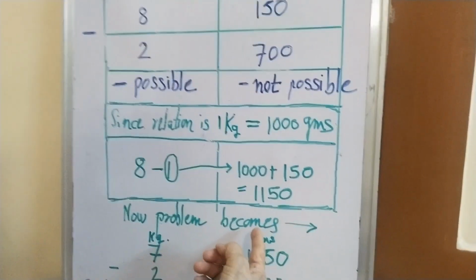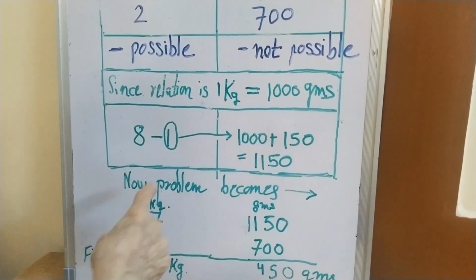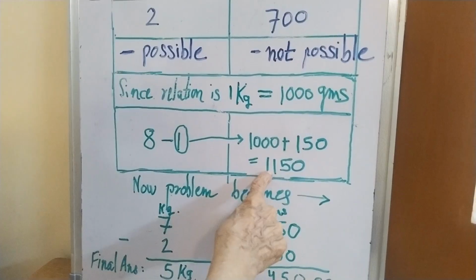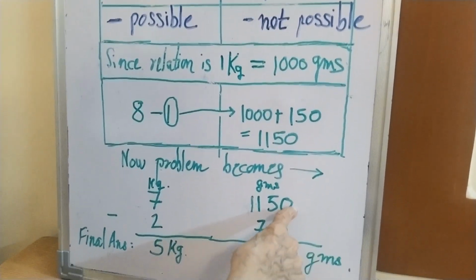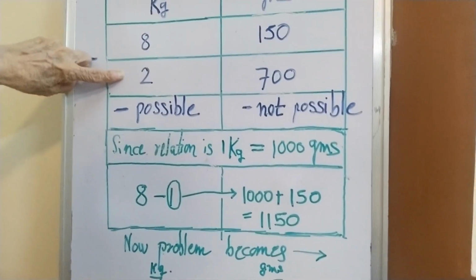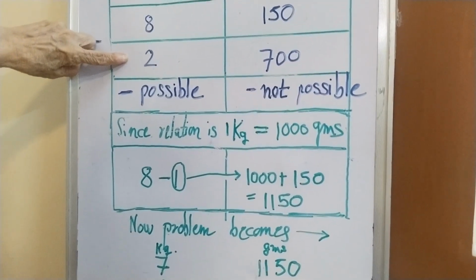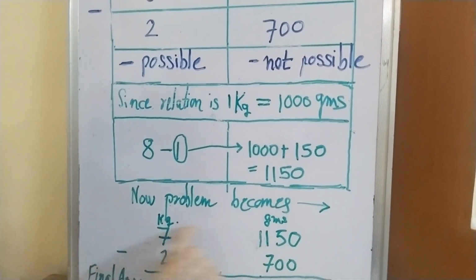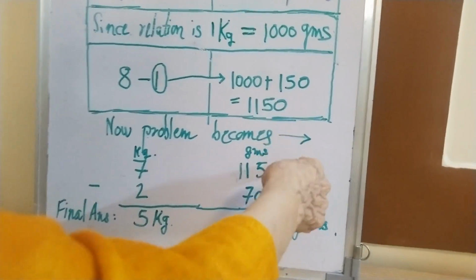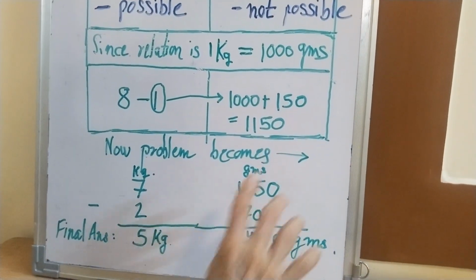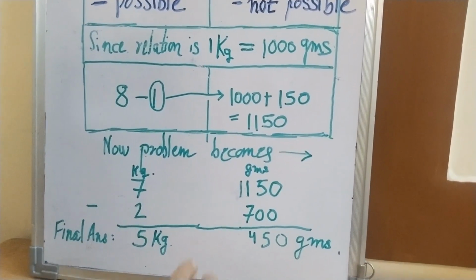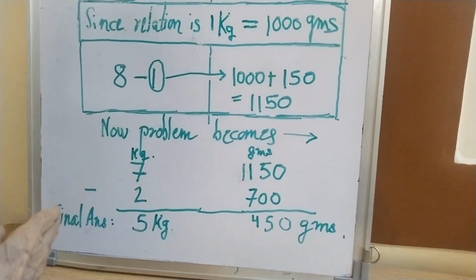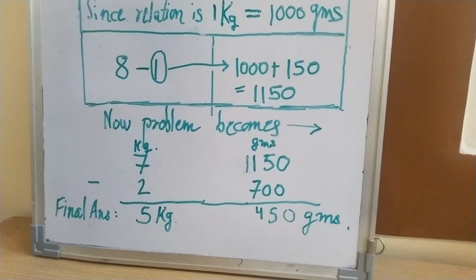Now the problem becomes different. 8 minus 1 is 7 and here we have 1150 and the lower one is as it is, 2 kg and 700 grams. So this has to be on the upper side, this has to be on the lower side, and as usual grams have to be subtracted separately, kgs have to be subtracted separately.